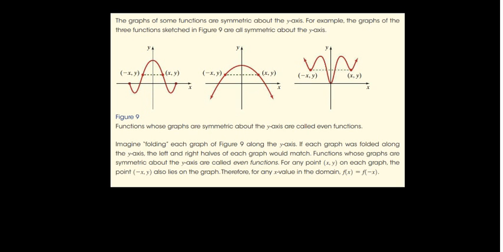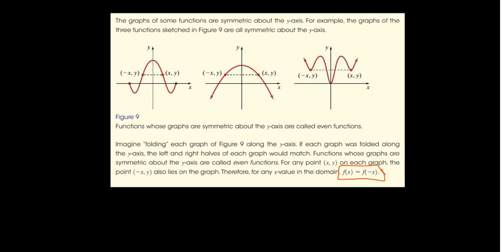Okay, and let's see. This is what we're going to come back to probably later on. I don't know if that actually gives us a definition, but starting here, it says functions whose graphs are symmetric about the y-axis are called even, as we said. For any point x, y on each graph, the point negative x, y also lies on the graph.